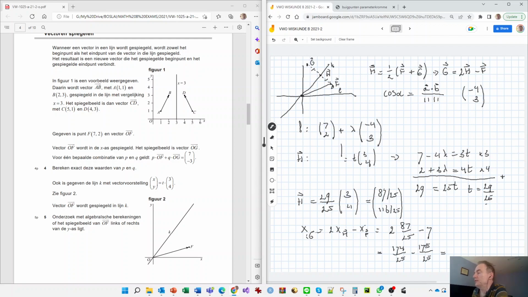So this is actually minus 1 over 25. So perhaps it's still correct, because these numbers are probably not a coincidence. Well, you're never sure. But it's minus 1 over 25, which is actually to the left, so the answer is to the left.